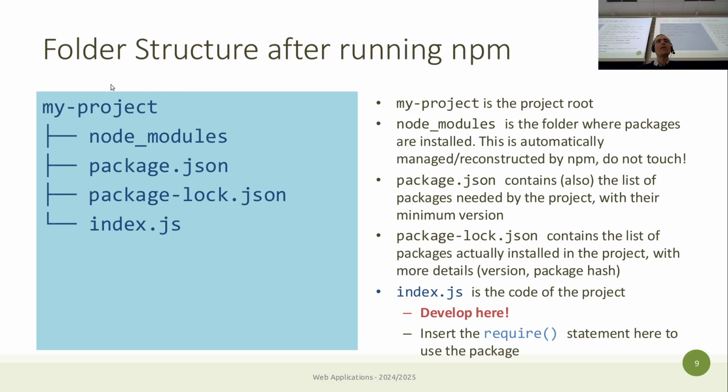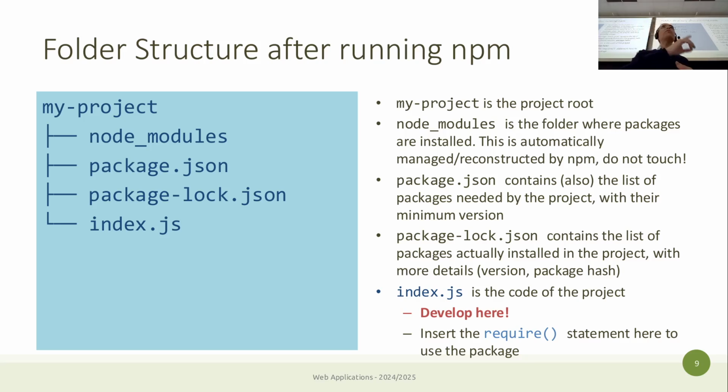I suggest you work in a folder as you would do with any project. One folder for each project, just because it's more convenient. You don't mix things together. And also for the package manager, it's easier because you only have the list of the packages that relates to the project that is in the folder.